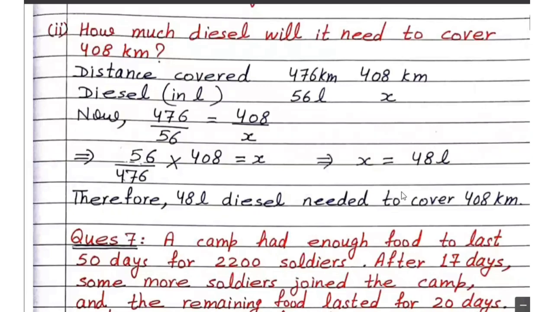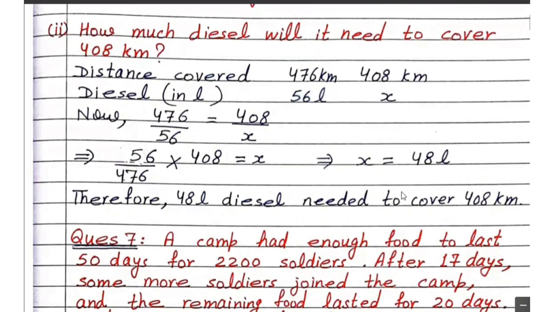Now see the second part of the same question. How much diesel will it need to cover 408 kilometer? So here also this is a question of direct variation. So the distance covered is 476 kilometer and the diesel used is 56 liter.